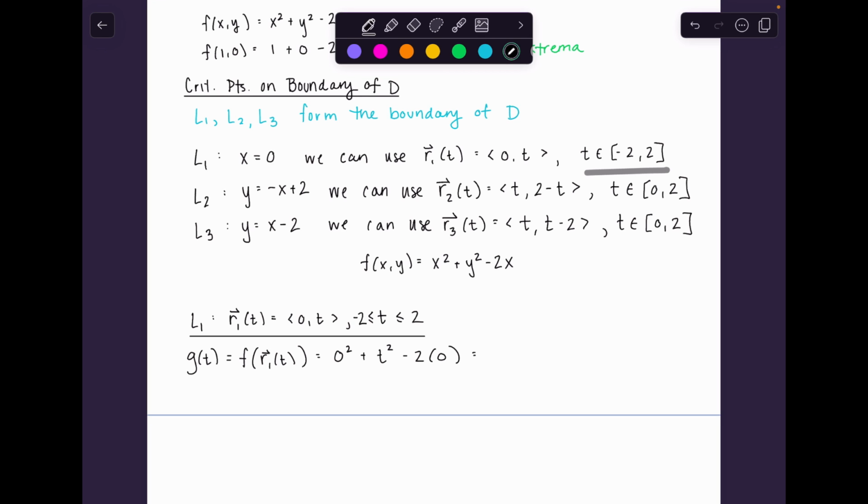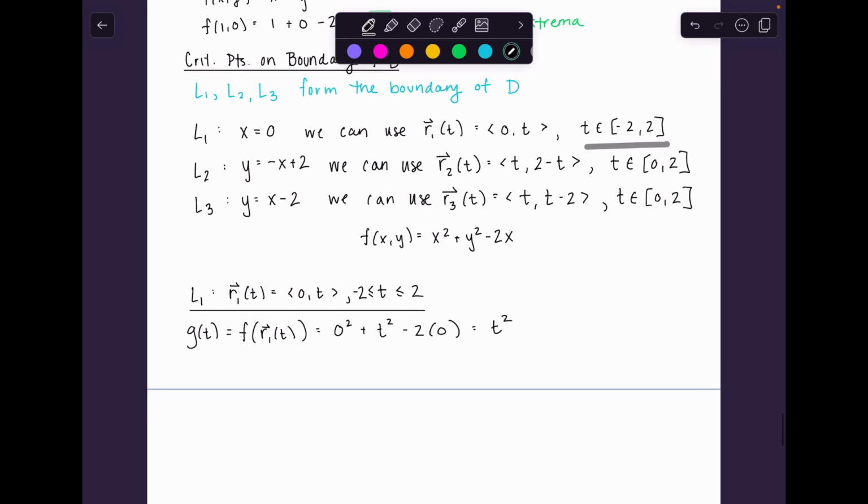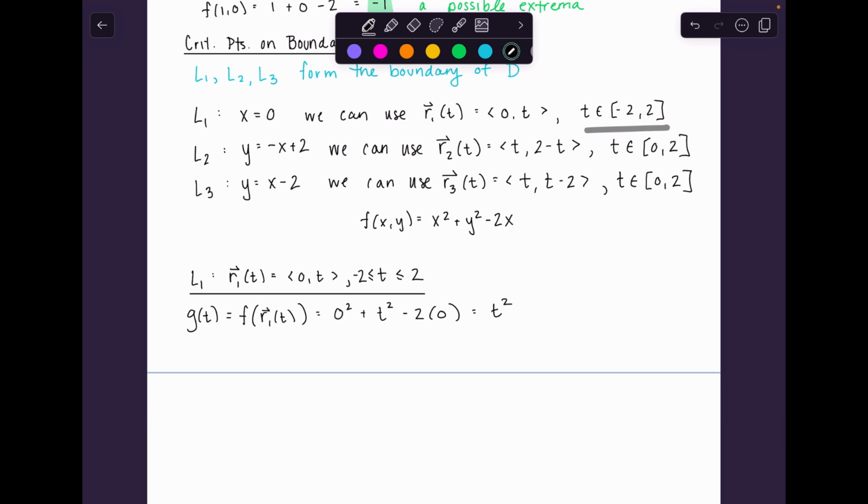So luckily, this just gives us t squared. Okay. So I want to find the extrema of t squared on the interval -2 to 2. So we're going to find the critical points inside this interval. So we need to find g prime of t, which is 2t. And so the critical points would be where this thing equals 0. So this happens when t equals 0.